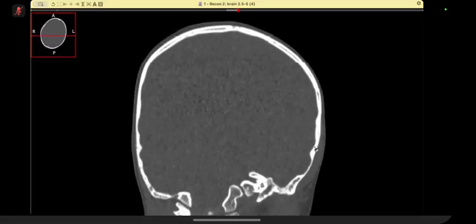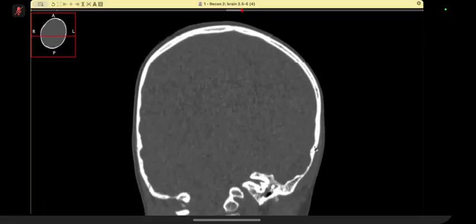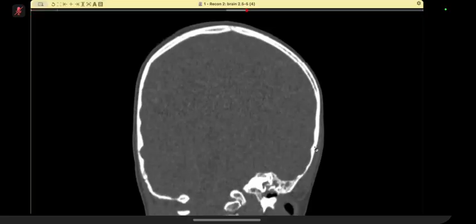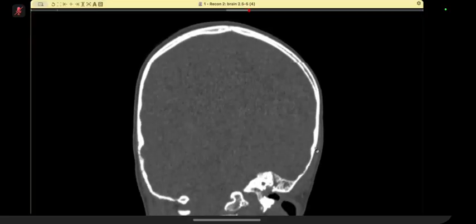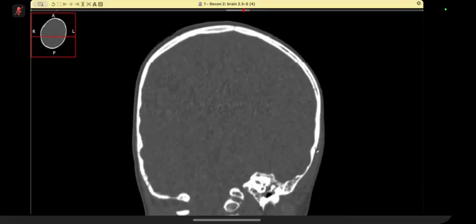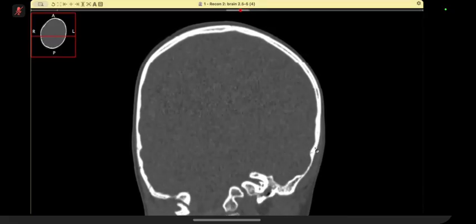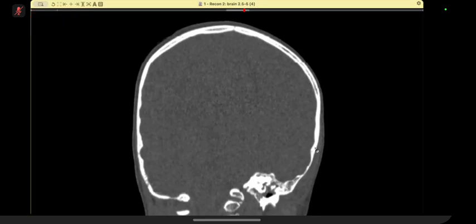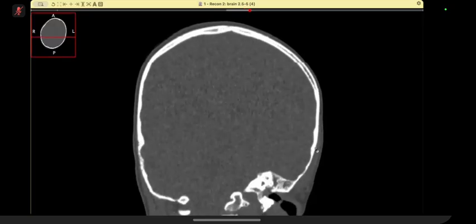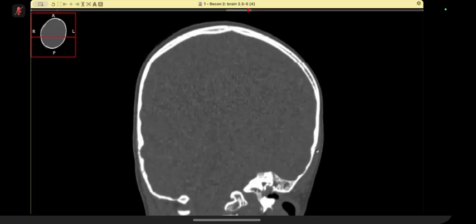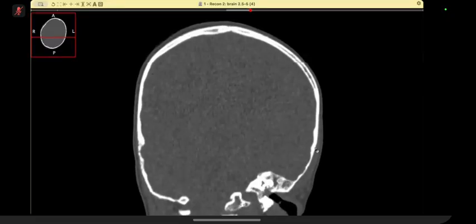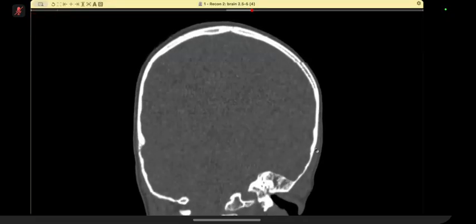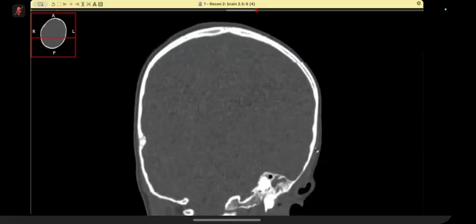Scrolling the coronal view, the temporomandibular joint is unremarkable. There is no dislocation or subluxation. I have presented with also the external auditory canal, and there is opacification of the middle ear cavity, and the tegmen tympani looks like there is erosion or thinning and probable erosion.